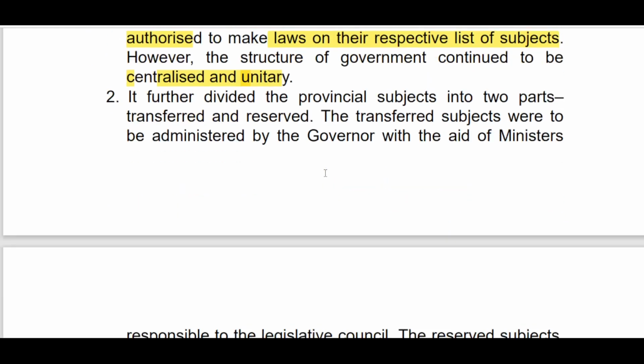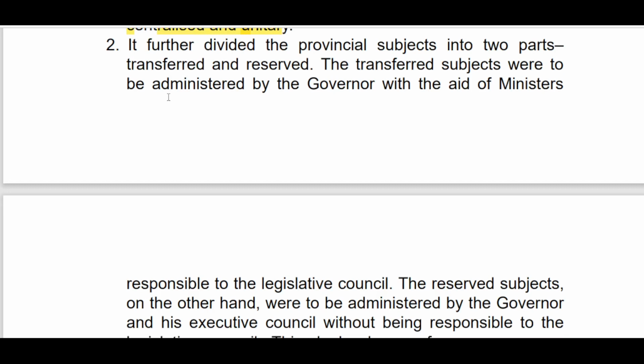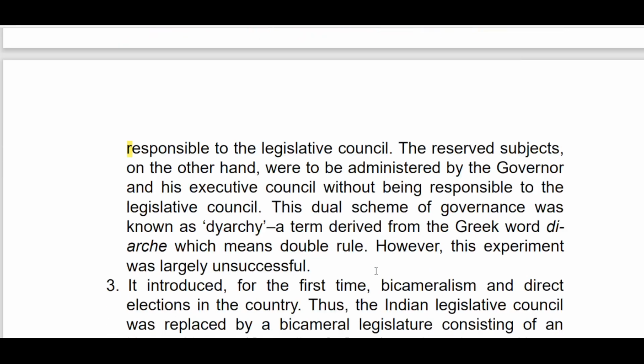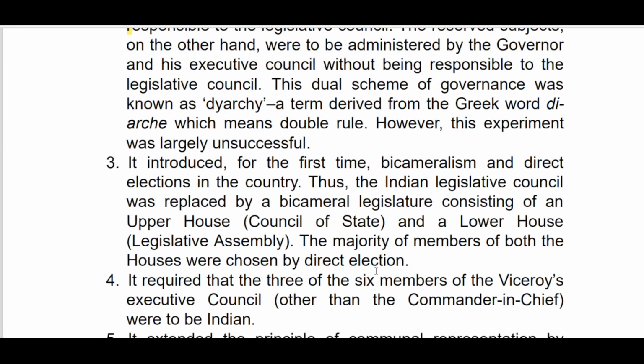Next, it further divided the provincial subjects into two parts, transferred and reserved. Transferred subjects were to be administered by the governor with the aid of ministers responsible to the Legislative Council, and the reserved subjects, on the other hand, were to be administered by the governor and his Executive Council without being responsible to the Legislative Council.